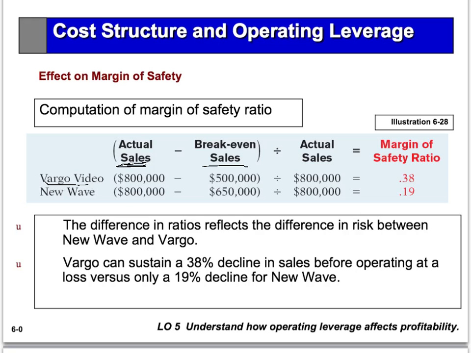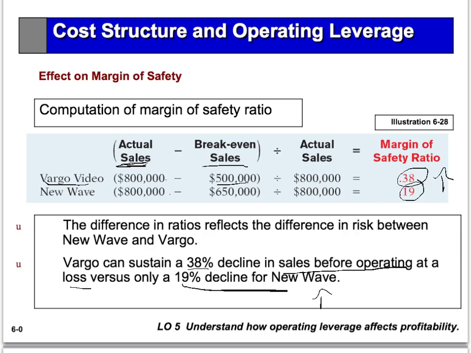So if we take the expected sales of 800 each year and the break even in sales of 500, therefore we have a 38%. And that is double or more safe. Vargo is safer, can sustain a 38% decline in sales before operating loss versus a 19%. So New Wave is very risky.